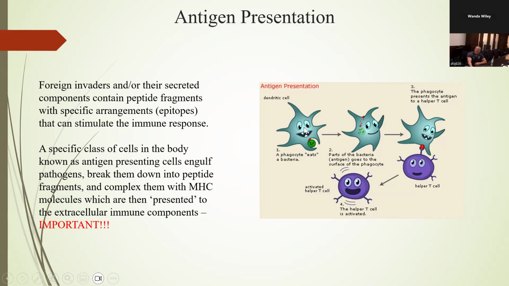But anything that these phagocytic cells find floating around outside in the body, they will eat. Once they eat these things, they're going to digest them. Once they've been digested, they take parts of whatever they've eaten and push them out to the surface of their body, and then they show them to other cells of the immune system.